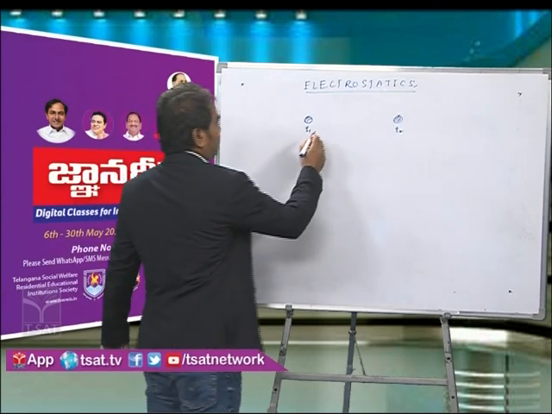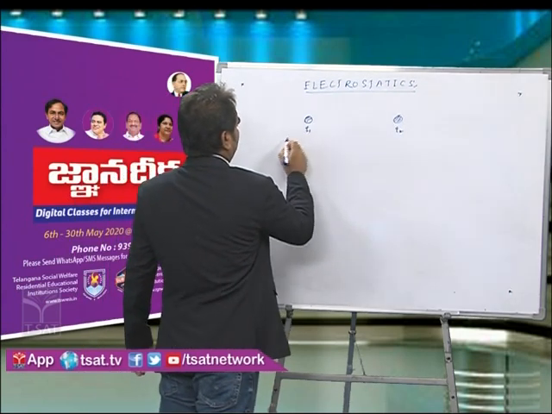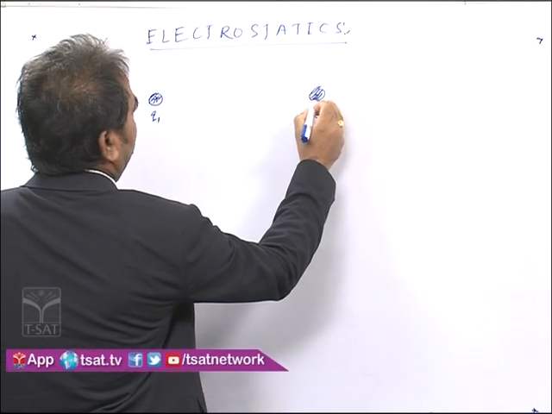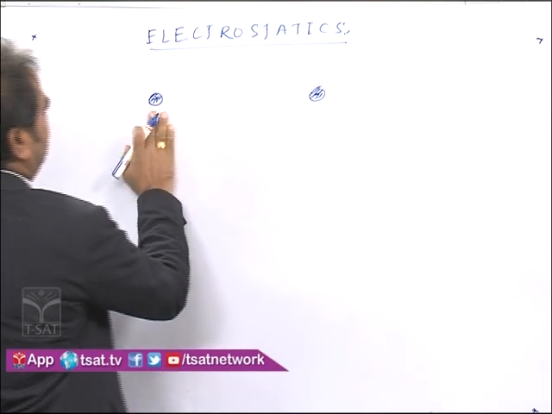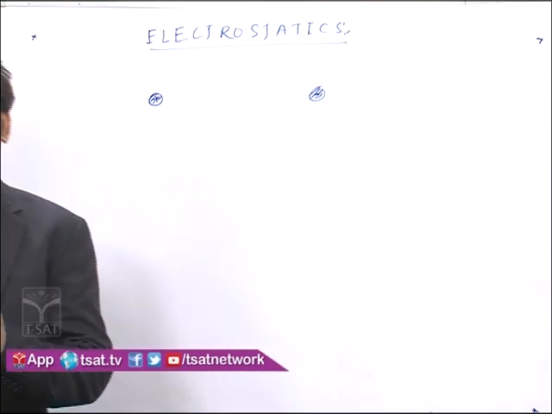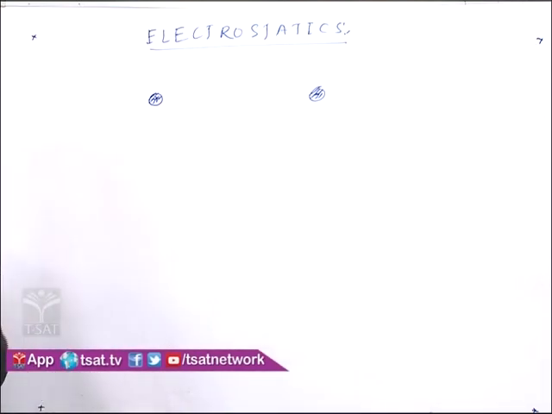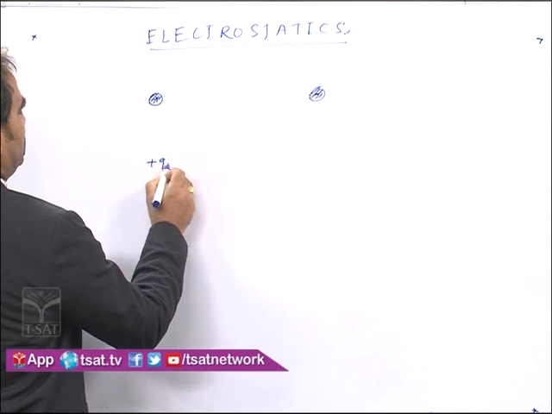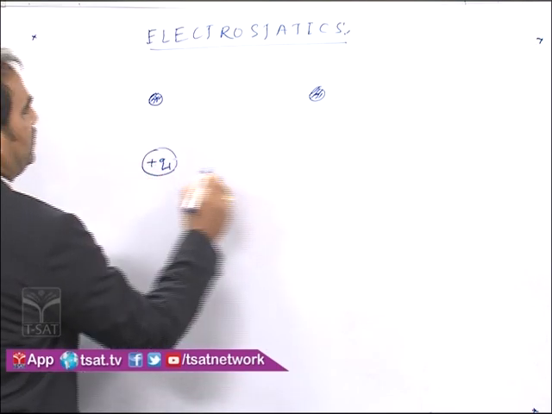These charges are again divided into two types. They are called the positive charge and the negative charge. Suppose we consider two positive charges. This is Q1, one positive charge.